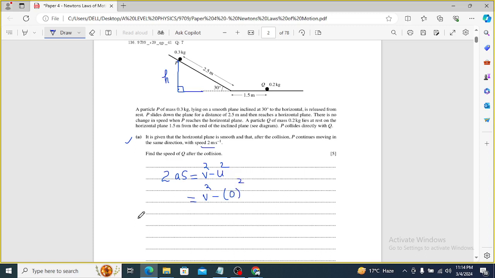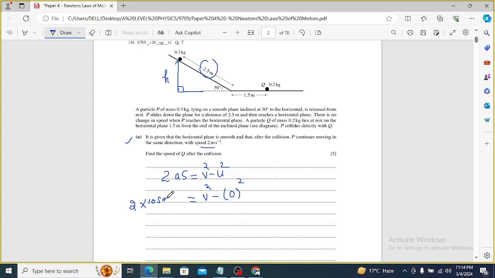And here 2 into distance, which is 2.5, and acceleration is g sine theta, that is 10 sine 30 degrees into distance 2.5.